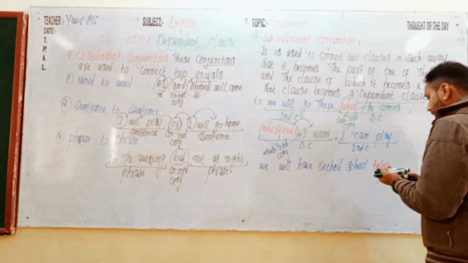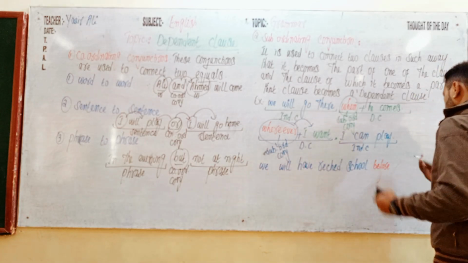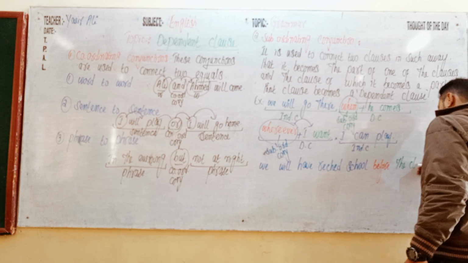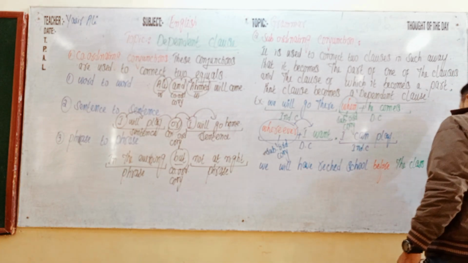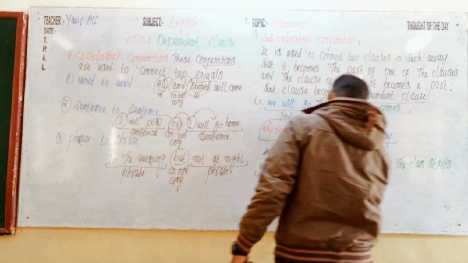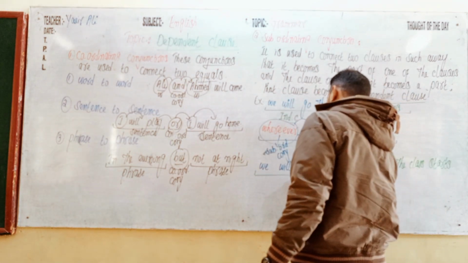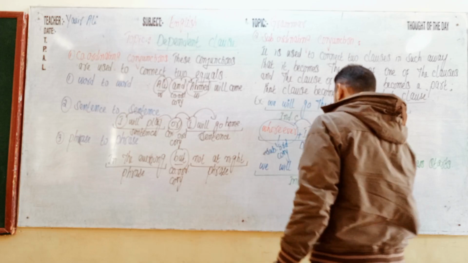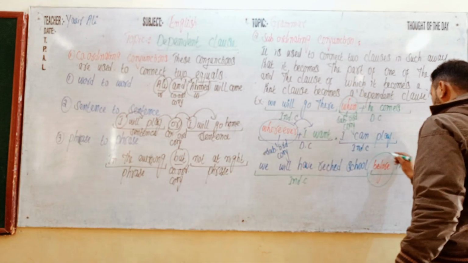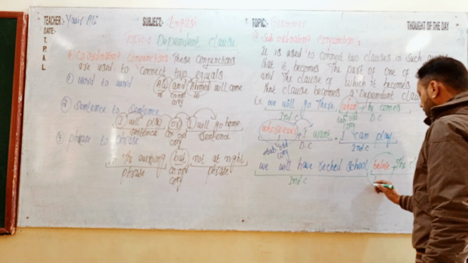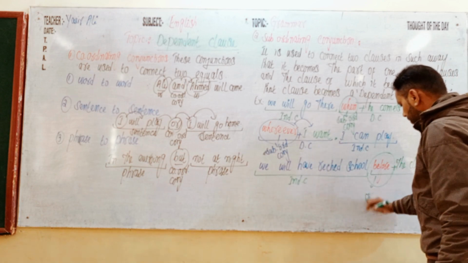Before the class starts. This is your independent clause. I have brought it first, and this is your dependent clause because it has a subordinating conjunction or connector of time.